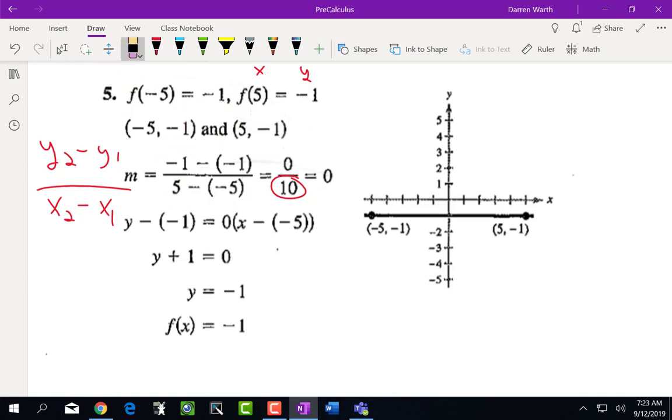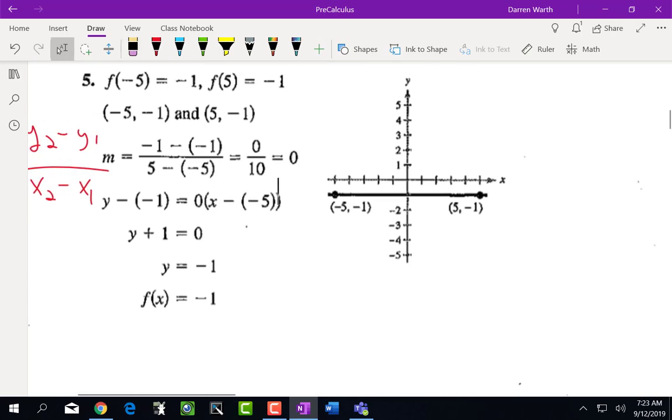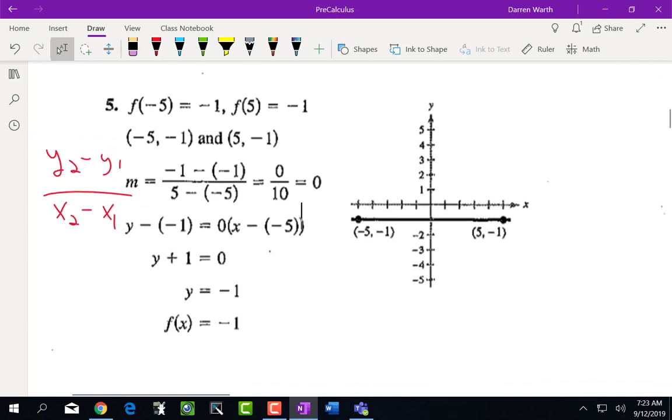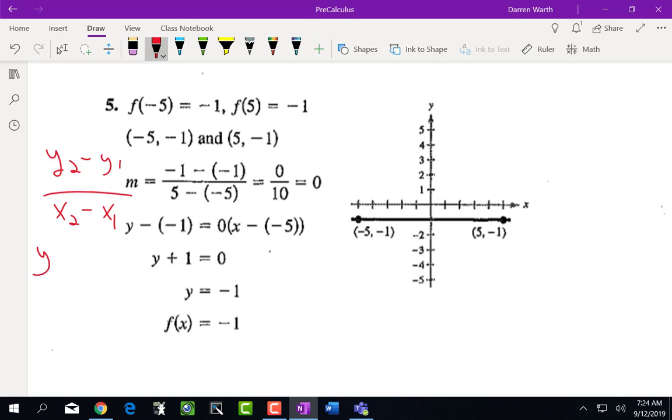Now that you have all that information, let's substitute it into our y minus y sub 1 equals m times x minus x sub 1.